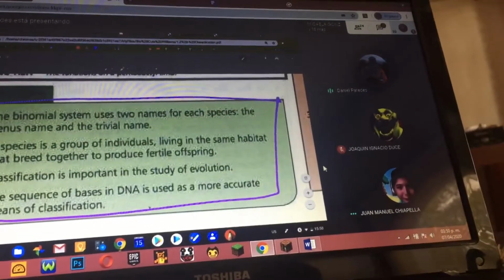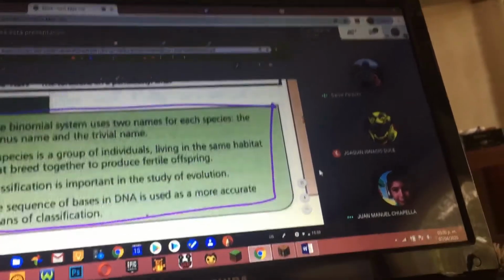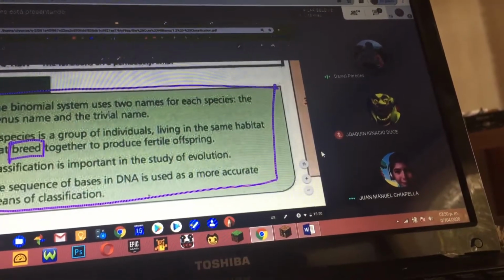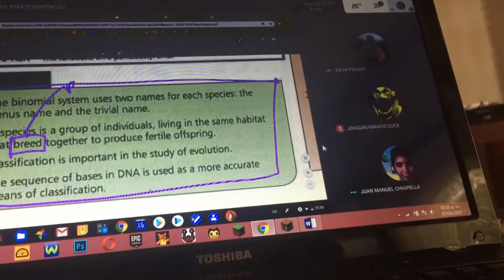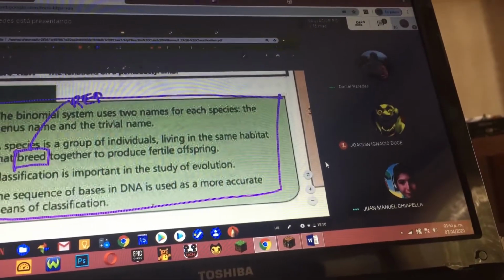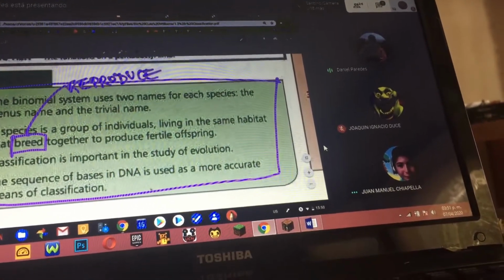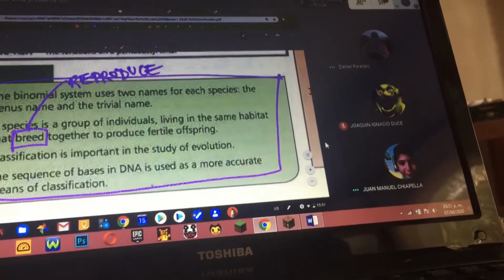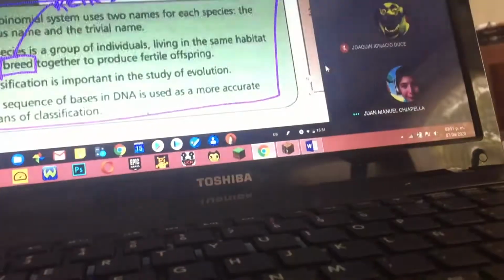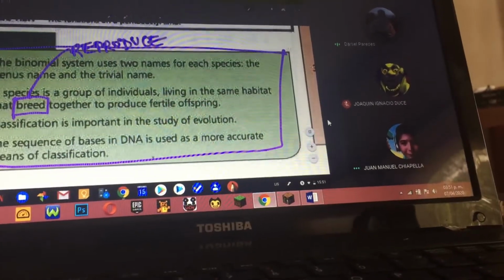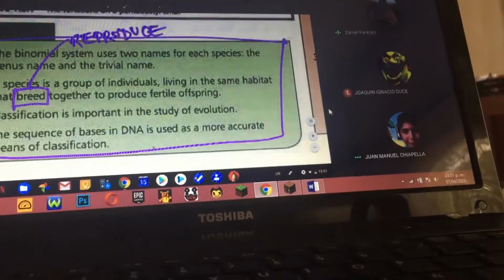Okay, let me explain this word. I want to make sure everybody understands what this means. This means reproduce. To breed, to reproduce. So this is a very important sentence. A species is a group of individuals living in the same habitat. Of course, if they can't find each other, they can't reproduce.